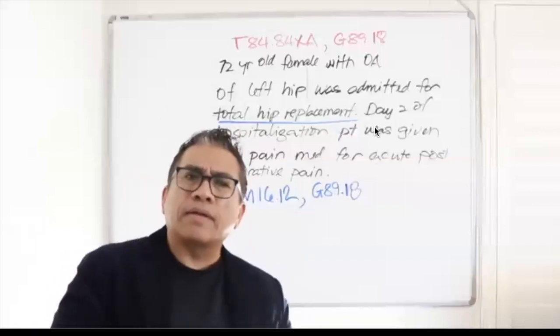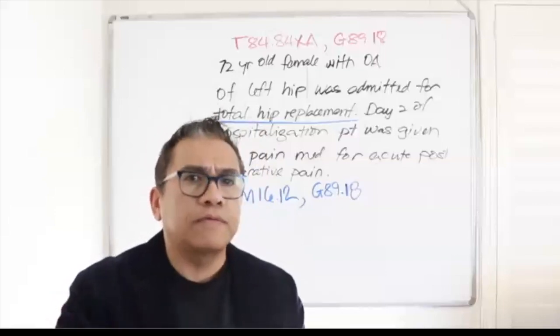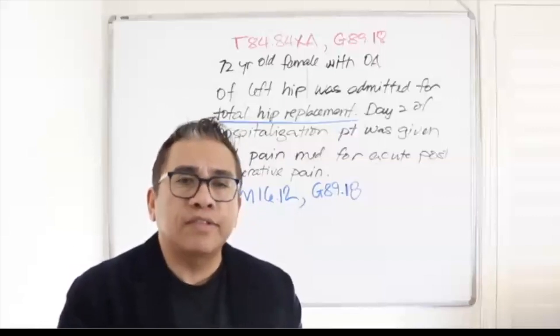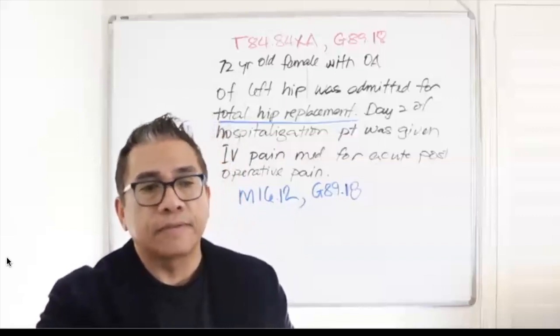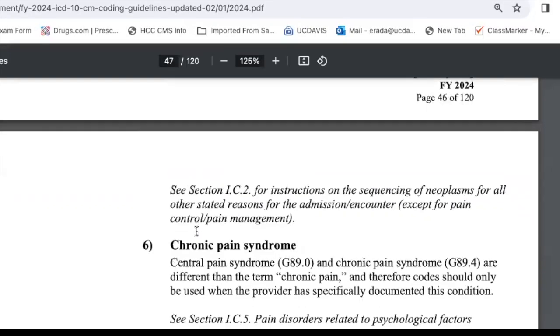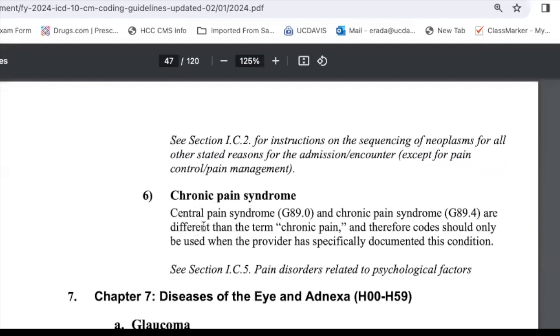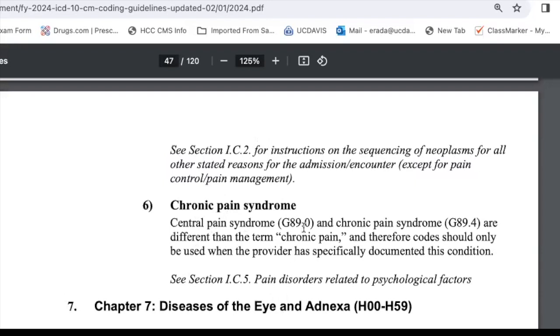So we always go back to that basic principle: whatever the reason for the patient's visit should be assigned as the primary diagnosis. And last in this guideline, guys, is chronic pain syndrome. What is chronic pain syndrome about? Central pain syndrome, G89.0, and chronic pain syndrome, G89.4, are different than the term chronic pain, and therefore these codes should only be used when the provider has specifically documented this condition.